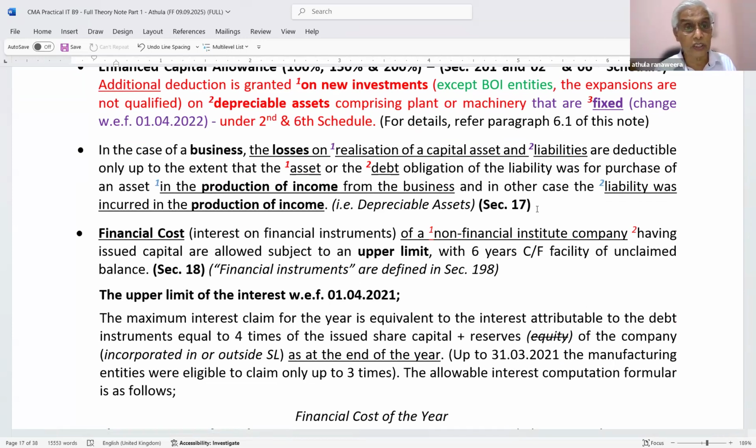Now, the law says, in the case of a business, the losses on realization of capital assets and liabilities are deductible only up to the extent that the asset or debt obligation of the liability was for the purpose of production of income from the business, because now the word business is highlighted. And in the other case, the liability was incurred in production.